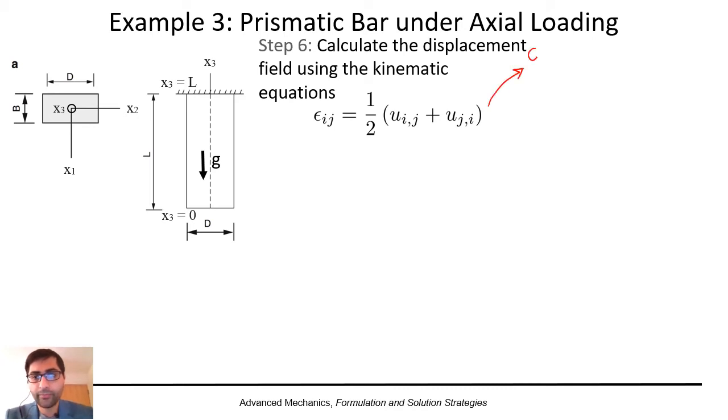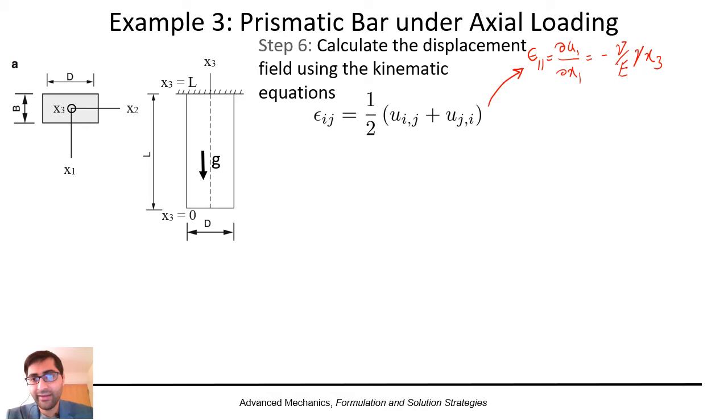For epsilon 1,1, it is equal to u1,1 or partial u1 partial x1, and we know it was equal to minus nu divided by E gamma x3.